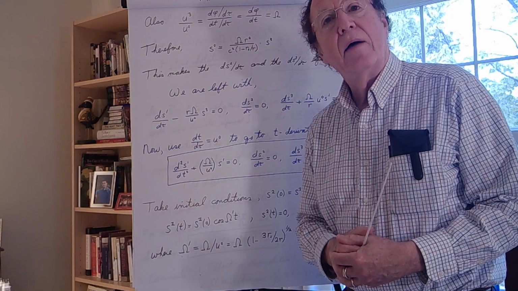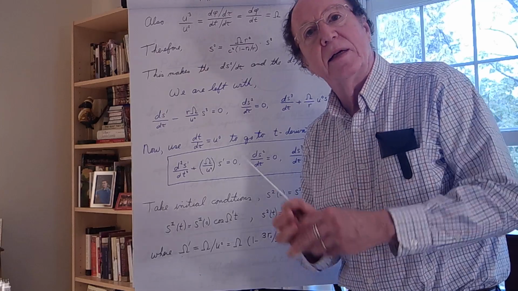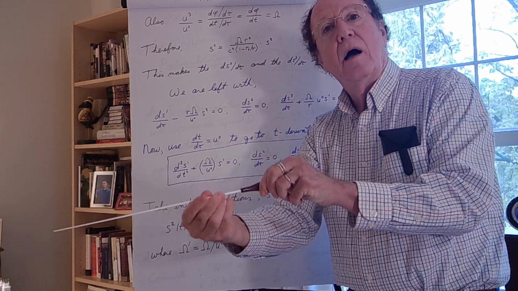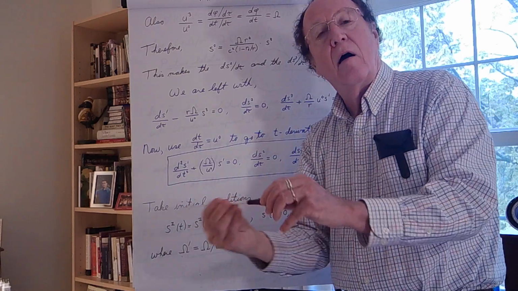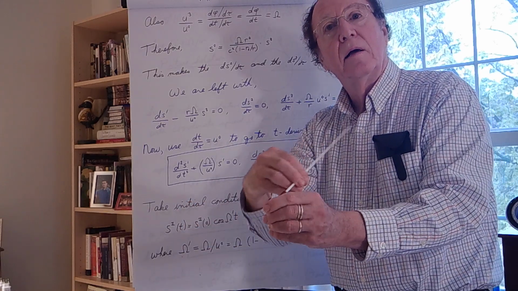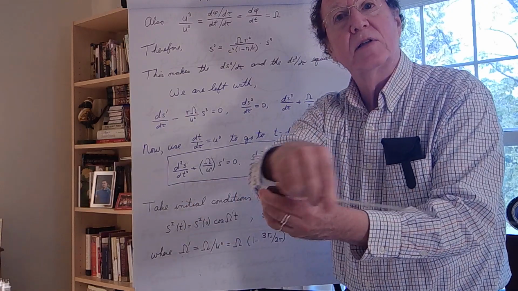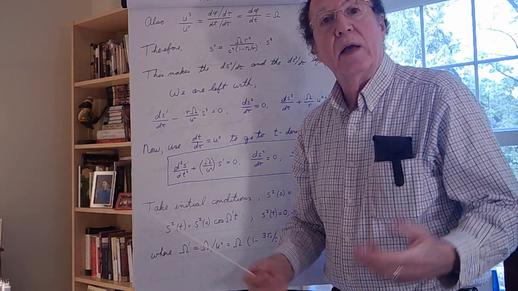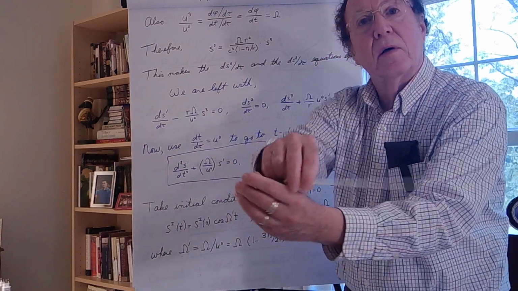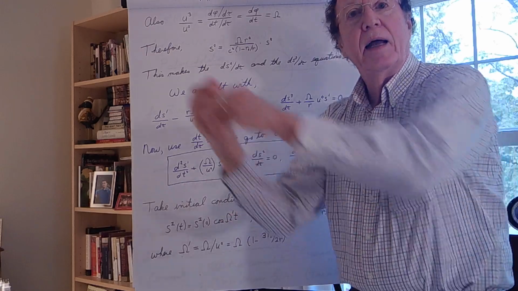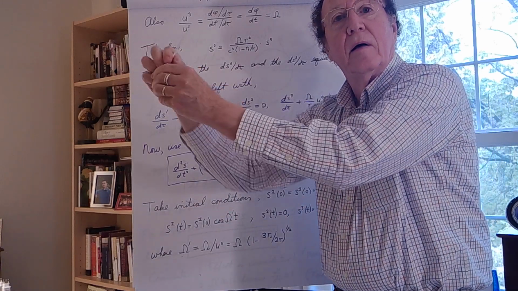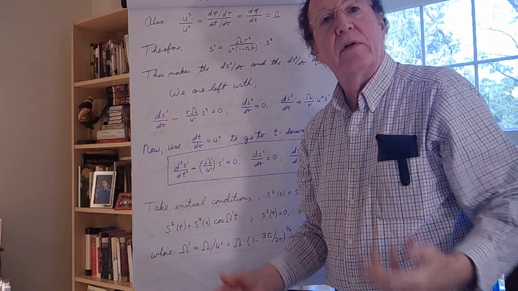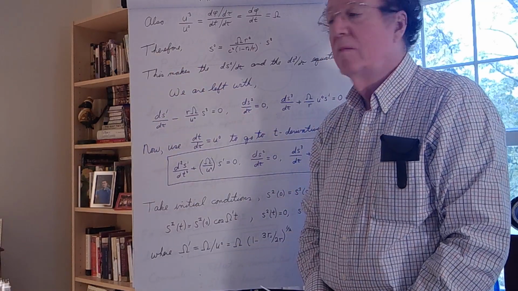I want to know how the spin precesses relative to the motion of my satellite around the star. The motion of the satellite around the star is just given by d phi by dt. That's omega. So there's one frequency. Then I have the frequency of the rotation of the spin. Okay, and I want to know if those frequencies are the same.